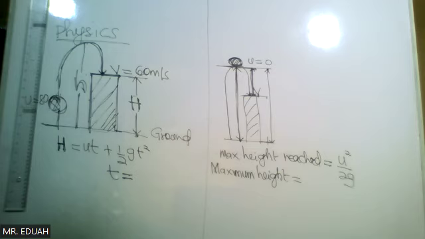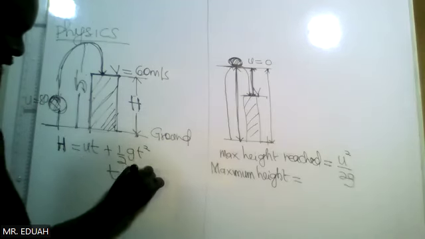Yes, please. I said the time taken to reach the maximum height, this will be equal to what? Janice, what will be the time taken to reach the maximum height? So please, U over G. So this will be U over G.